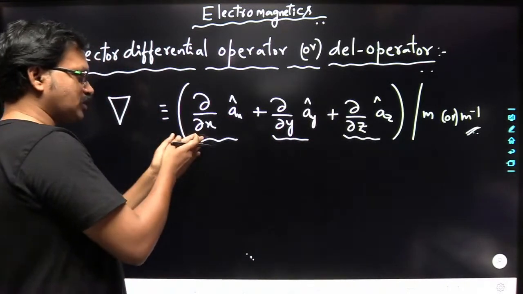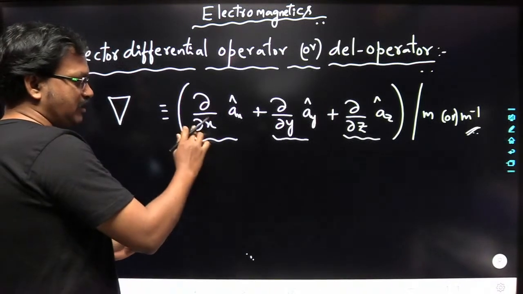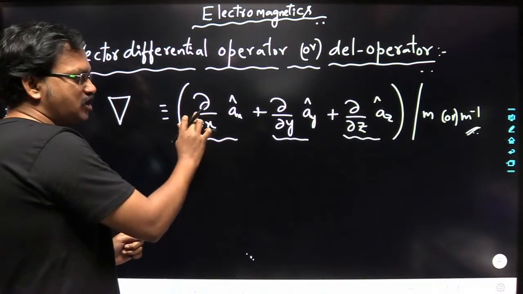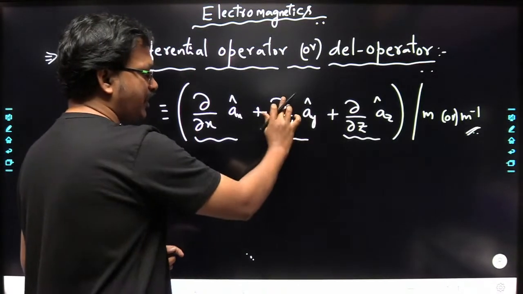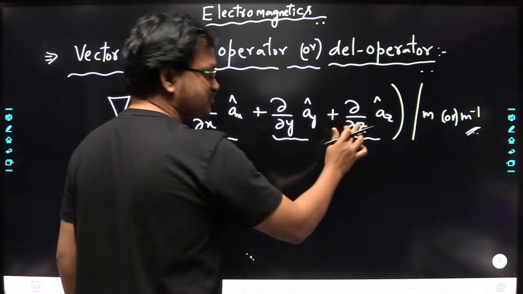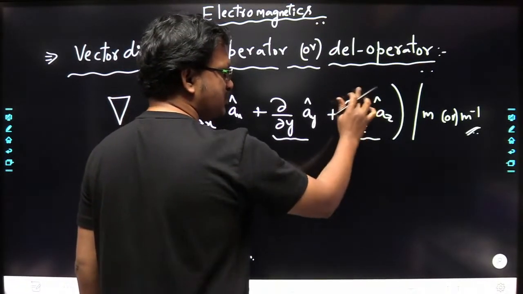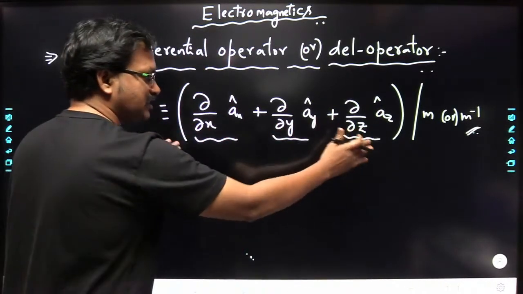Now if you observe this x component here, it is a differential operator with respect to x. If you observe the y component, it is also a differential operator with respect to y. If you observe the z component, it is also a differential operator with respect to z. So this operator is nothing but a vector.